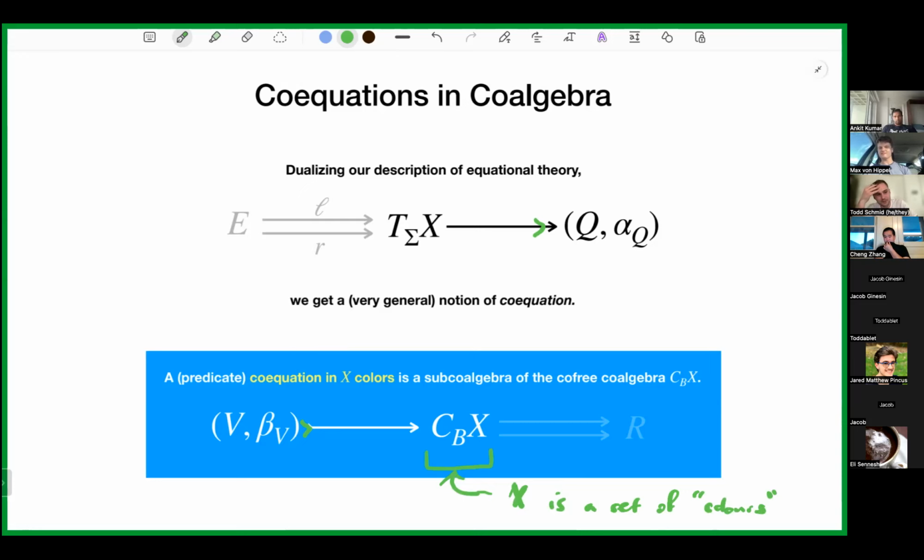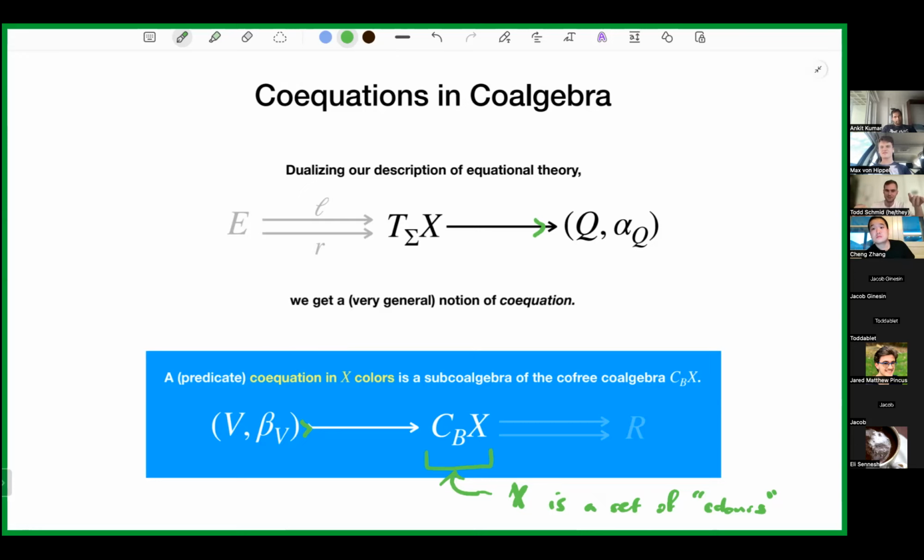The intuition behind terms is that they're finite trees. They're like syntax trees, right? If that's a good intuition for you, then you can think of coterms as being finite or potentially infinite syntax trees. Now, in a syntax tree, the variables appear as the leaves, right?